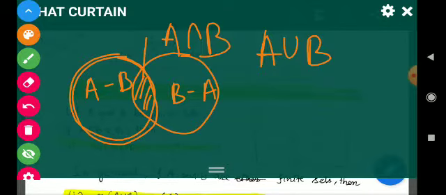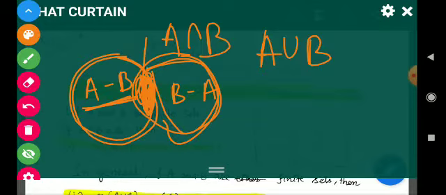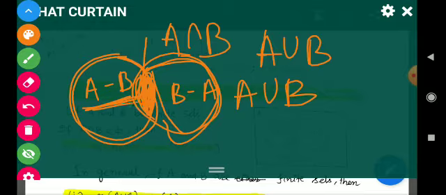Here A minus B, A intersection B, and B difference A. It means this is the element of A but not the element of B, this is the common element of A and B, and this is the element of B but not the element of A. So this way we can make A union B disjoint. To make it disjoint, what sets do we require?